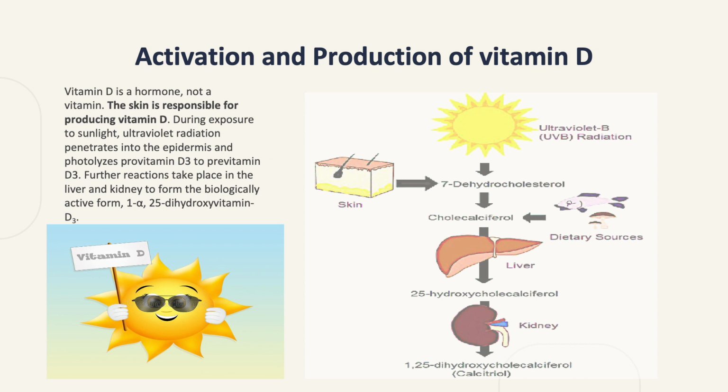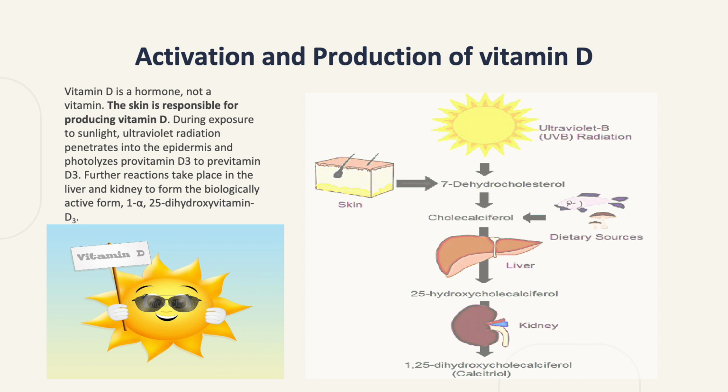Now, the kidneys are the major site of activation of vitamin D. Our kidneys convert 25-hydroxycholecalciferol into 1,25-dihydroxycholecalciferol. You should remember our skin produces vitamin D, but that vitamin D is not in the activated form. Our kidney produces vitamin D in the activated form.